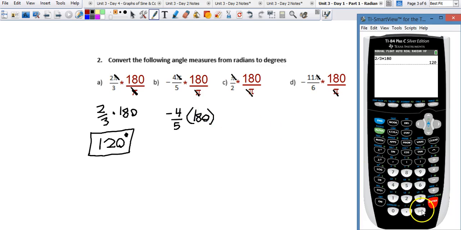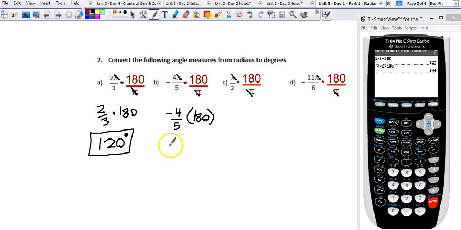Negative 4/5 times 180 is negative 144. Don't forget that degree symbol.